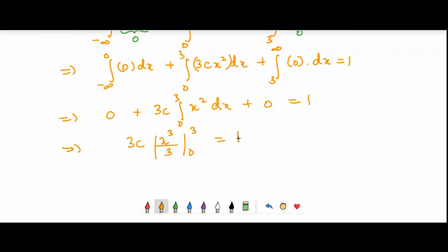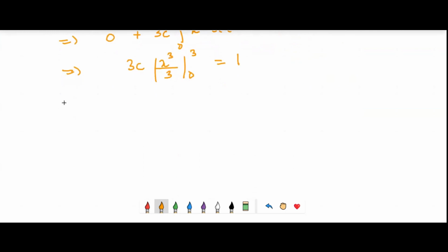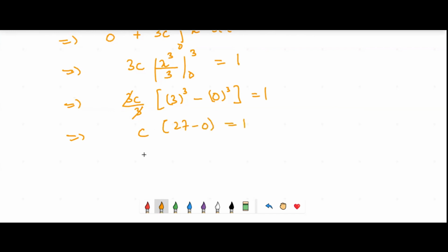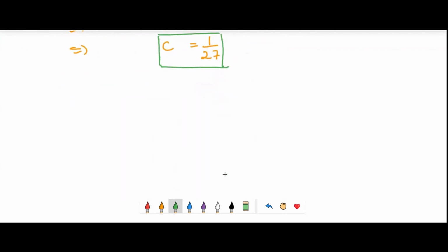Because this is a definite integral, we need to apply the limits. 3 cube minus 0 cube, so this is 27 minus 0. That means C is 1 upon 27.